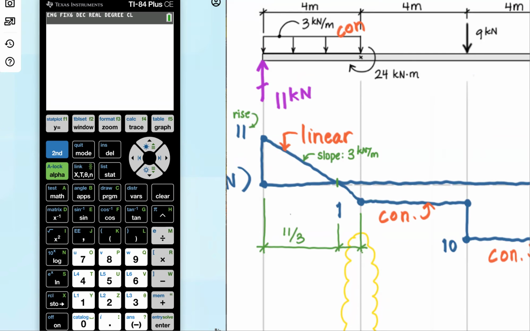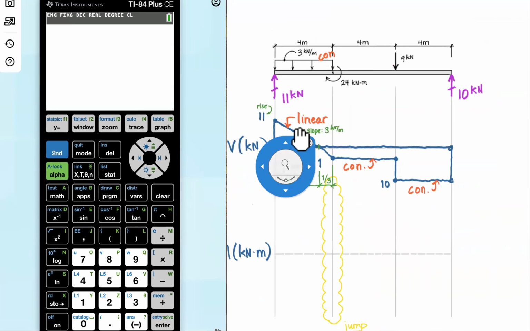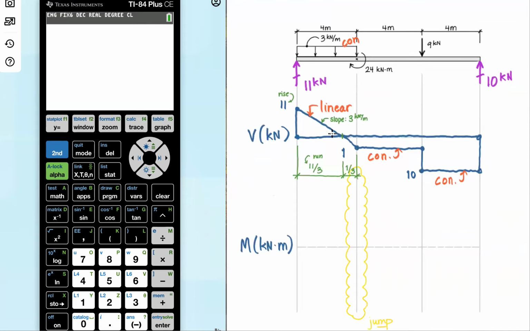And so 11 divided by 3 is the run. Okay. And same thing here. So this one is 1, which is the rise, divided by the slope of 3, which of course we can read directly off of the loading plot there. So 11/3 and 1/3. Okay, we are ready to go.